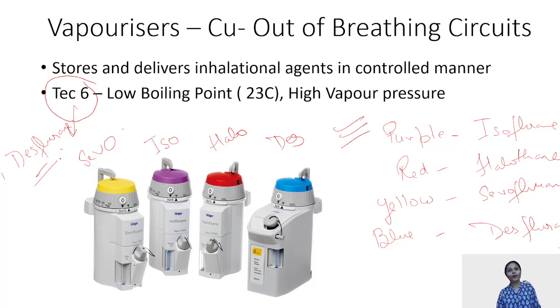If kept at room temperature, it is going to get boiled off because the boiling point of desflurane is just 23 degrees Celsius, plus the vapor pressure that it generates is very high. To overcome these two properties of desflurane, we have a special kind of vaporizer made for it, which was Tec 6.